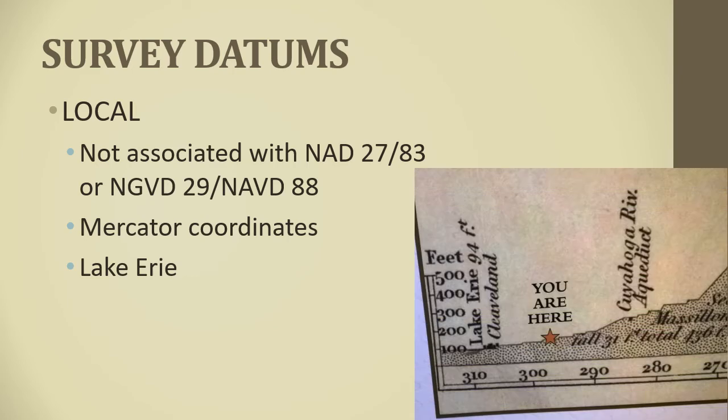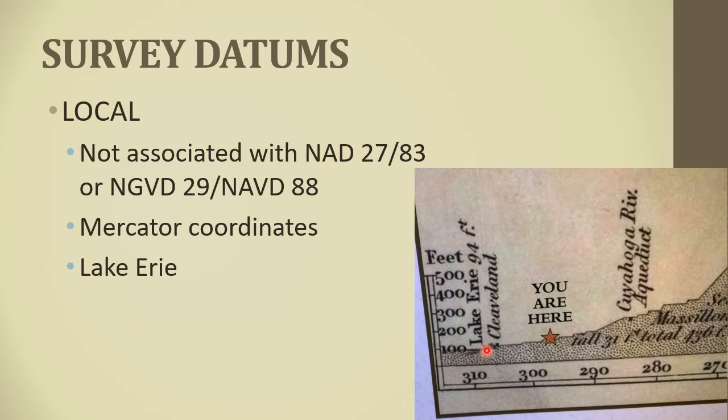If you go out to the Canal Visitors Center for the Ohio and Erie Canal out in Valley View, you will find this particular diagram, which shows the elevations of the canal, and they're all referenced off of Lake Erie with an elevation of 94 feet.